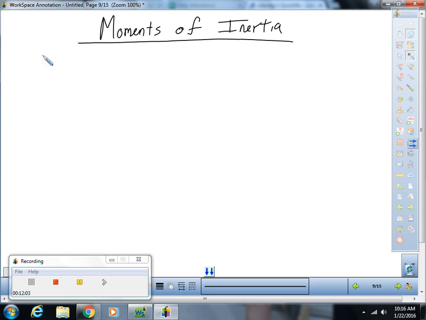Okay, my formula was, I think, this. Right? That was an object's moment of inertia about the y-axis.